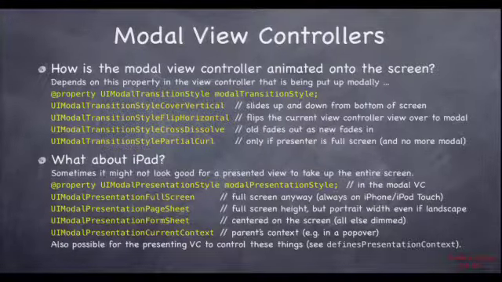One is the page sheet, and that means it's always the width of portrait mode, even if it's landscape. So there'll be grayed out space on either side. If you have something that always looks good at the width of portrait, and of course the keyboard's going to come up and obscure the bottom half too, that's that one. And then form sheet is even smaller. Even in portrait mode, it doesn't use the whole space. It's kind of like a little card.